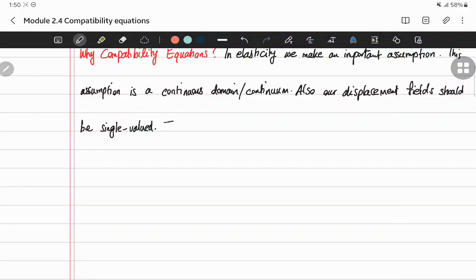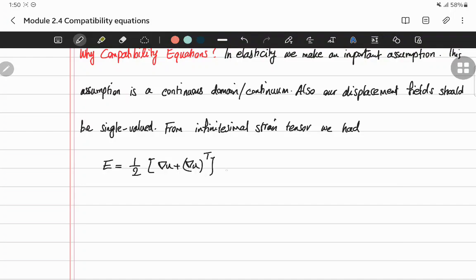So, if you remember from the infinitesimal strain tensor, we had E equal to half of del U plus del U transpose, which was basically equal to half of u i comma j, the differentiation of u i with respect to capital X j, plus u j comma i.